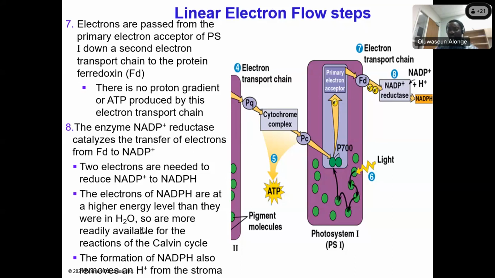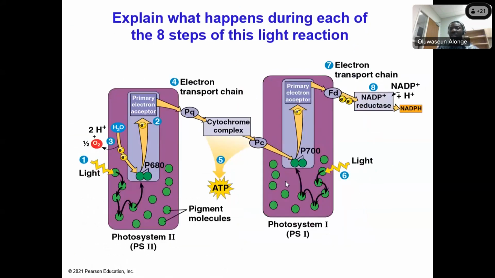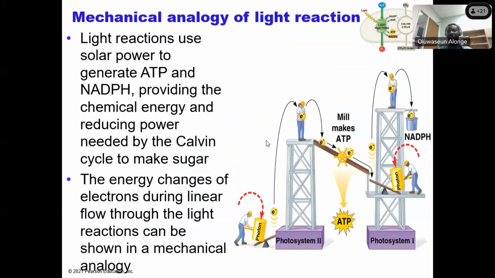That's what that line was explaining. The formation of NADPH also removed an H plus from the stroma. Now, this is the chain that we have just explained from number 1 to 8. I believe it's clear, so I will not run through it again.